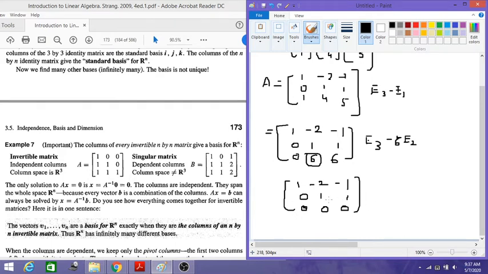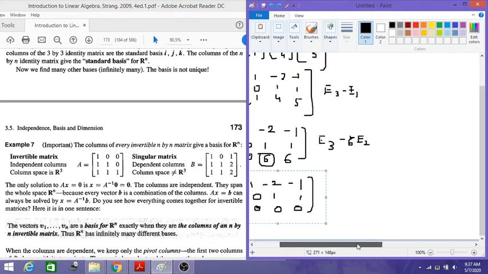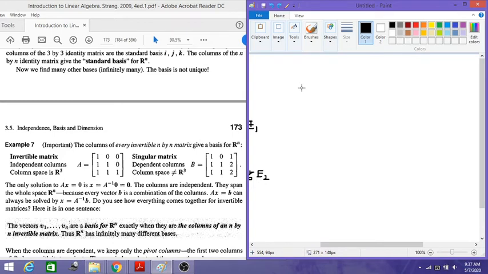We can go further, we can eliminate this -2. Okay, fine, we will do that also, and then we will talk about whether this is a basis matrix or not.